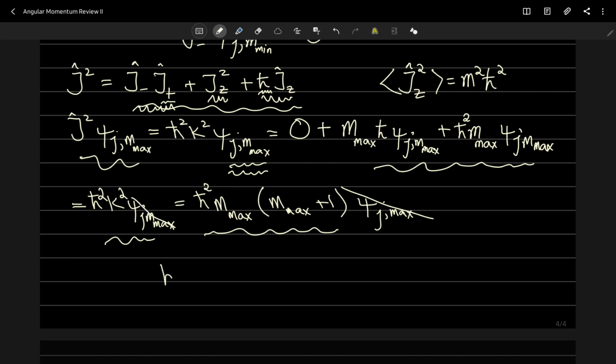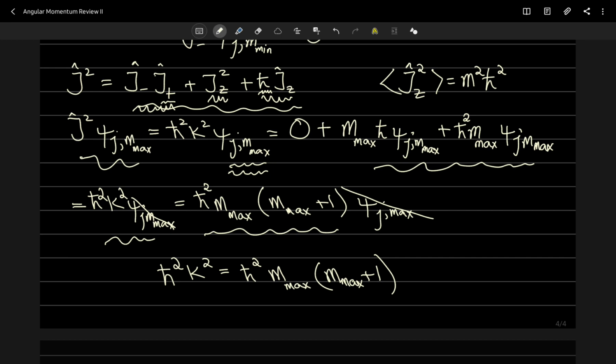And then we are left with an equation that is h bar squared k squared is equal to h bar squared m max times m max plus 1, right? And you could do the same thing and determine the minimum value as well.